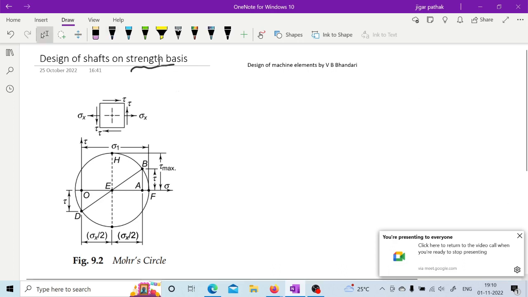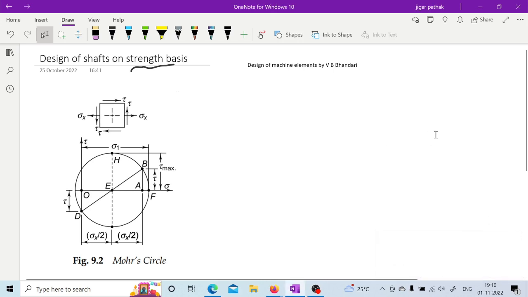In design based on strength, you consider the normal and shear stress acting on the shaft. Designing the shaft means defining the diameter of that particular shaft in order to bear the stresses acting on it.